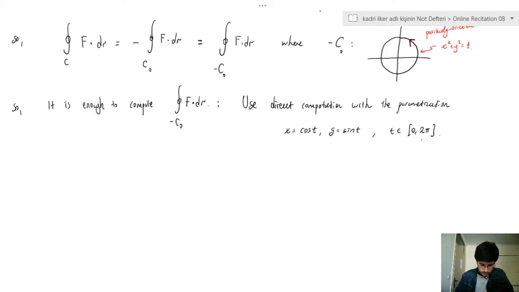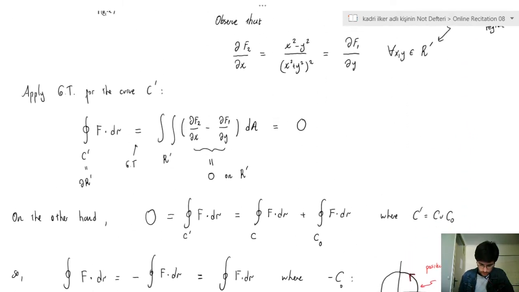Okay, let's compute. This is a positively oriented unit circle, therefore t goes from 0 to 2 pi. Let me write it down: F gives sine t times minus sine t dt, divided by 1. Can you follow? What was the F?